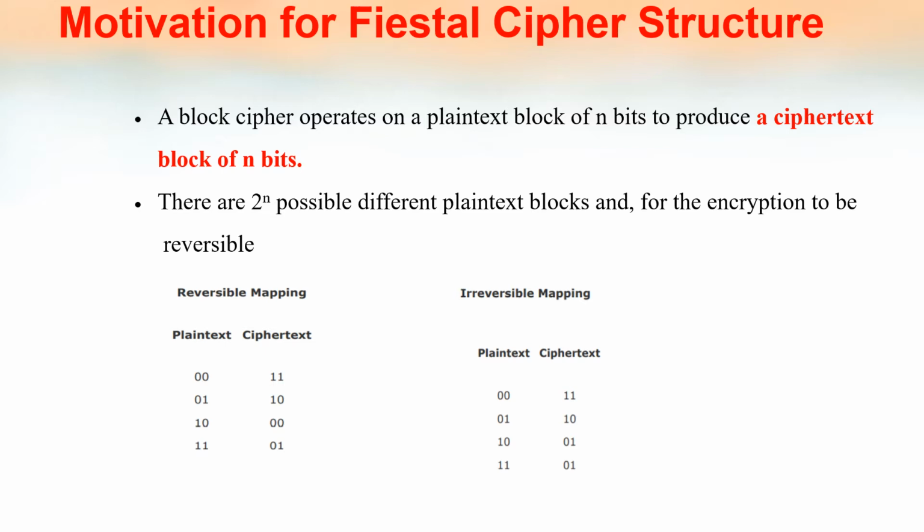That is, the ciphertext here for 01 has plain text 10 and also 11. So while converting the ciphertext back to plain text, we cannot identify whether 01 indicates 10 or 11. But in the reversible mapping, 01 means only 11. So that is the difference between reversible mapping and irreversible mapping.